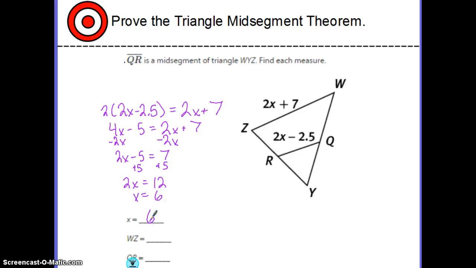And then from there, we can find WZ. Plug in 6 for x. So 2 times 6 is 12, plus 7 is going to be 19. And then plug in 6 here. 2 times 6 is 12, minus 2.5, so that's going to be 9.5. And you can see that QR is going to be half the length of WZ. Perfect.